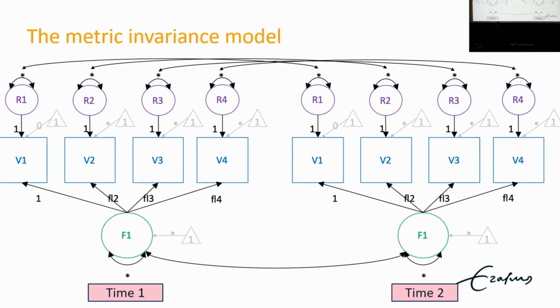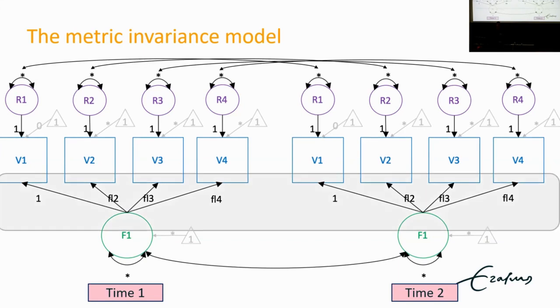The metric invariance model would impose the first set of constraints, and I highlighted them here. You see now that instead of having stars, and stars stand for we estimate them freely, they can take on any value. Based on the data, we ask R lavaan to estimate these parameters, and they can turn out differently, the factor loading for variable 2 for time 1 versus time 2.